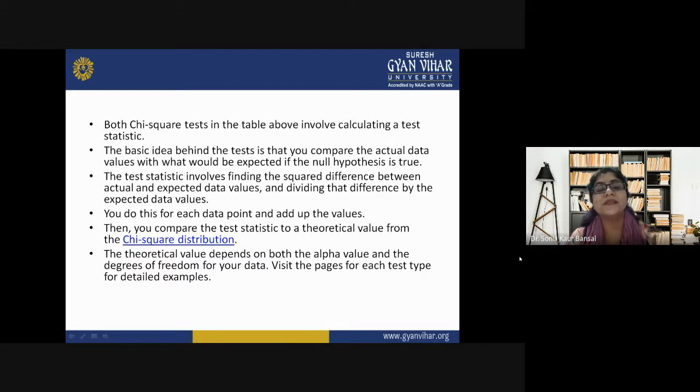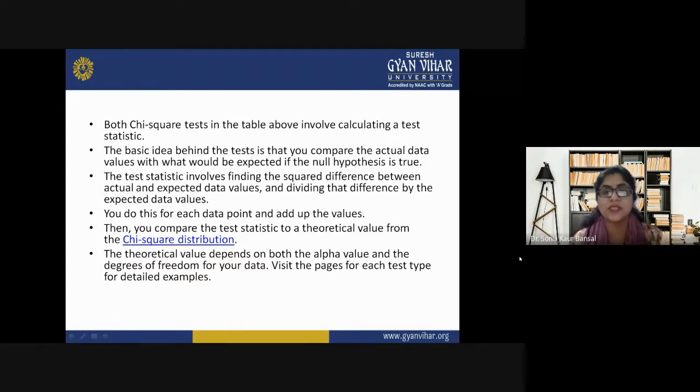So the test statistic involves finding the squared difference between actual and expected data values and dividing the difference by the expected data values according to the given formula. You do this for each data point and add up the values.